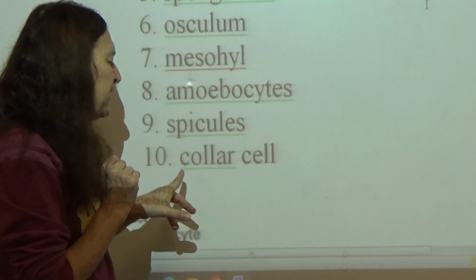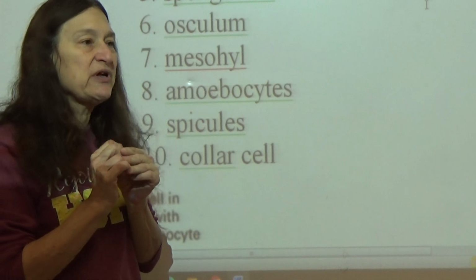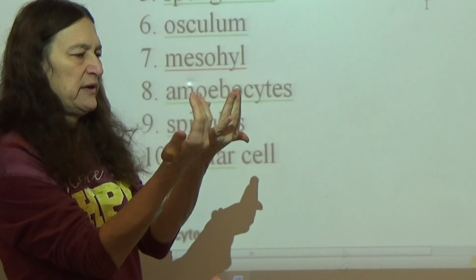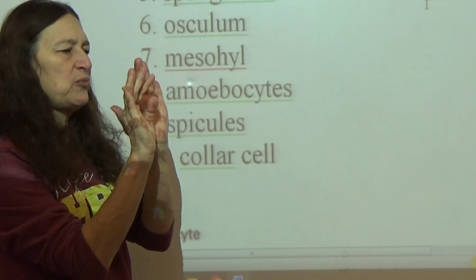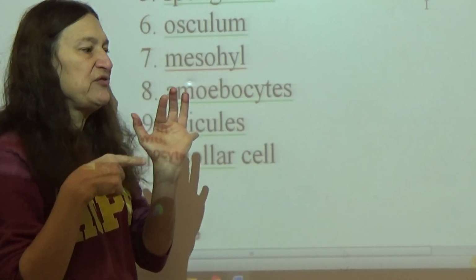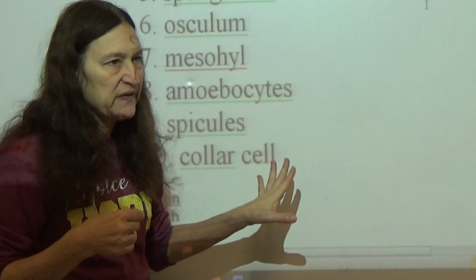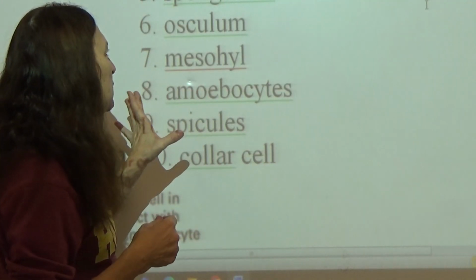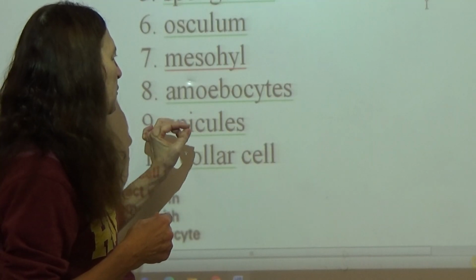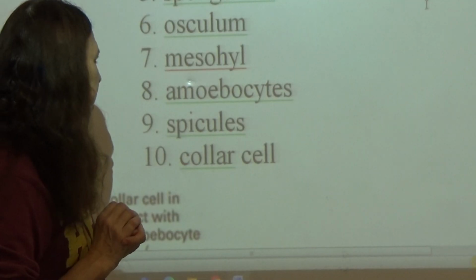And something called a collar cell, which is really kind of cute in a way. It does have like a little collar or material around the top of it, and then a little flagellum that sticks out. Now we will actually draw a picture of this, and we will describe how this all works together.